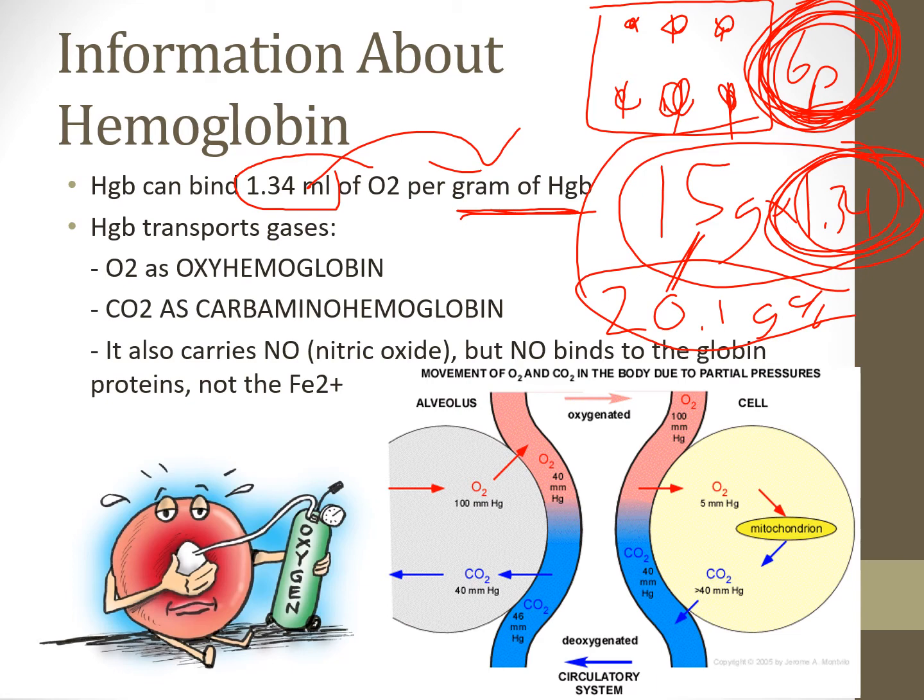If we did 8 times 1.34, we would only get an answer of a little over 10, 10.7, almost 11. So our ability to carry oxygen would be very, very low because the patient is anemic.